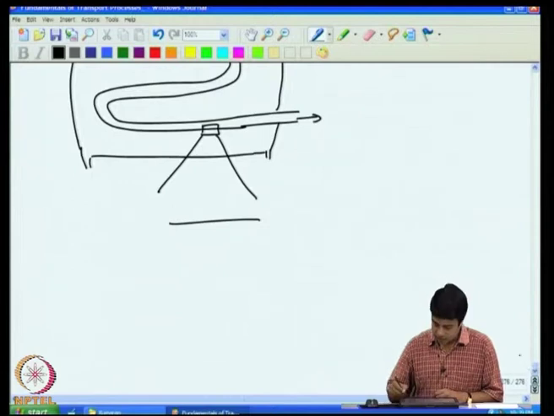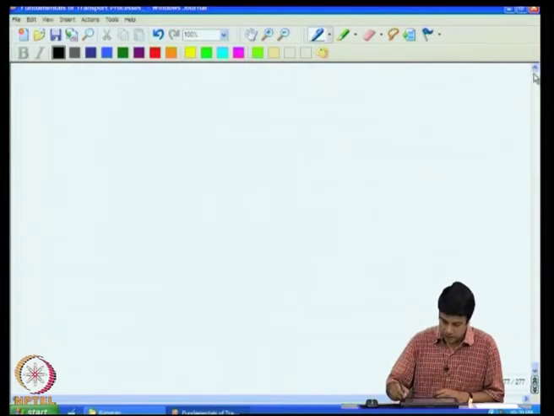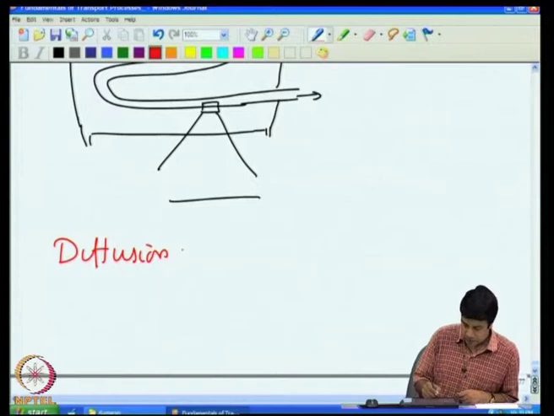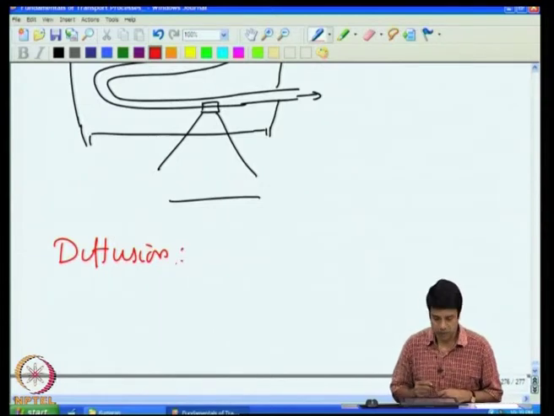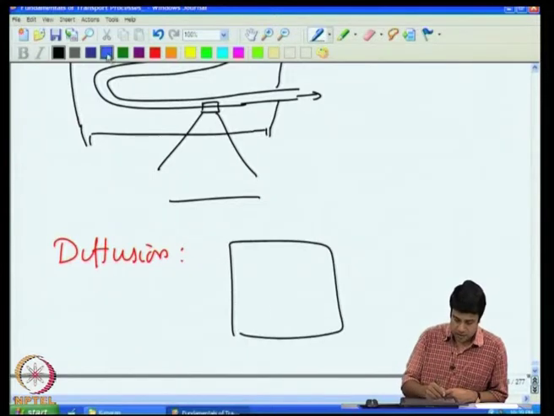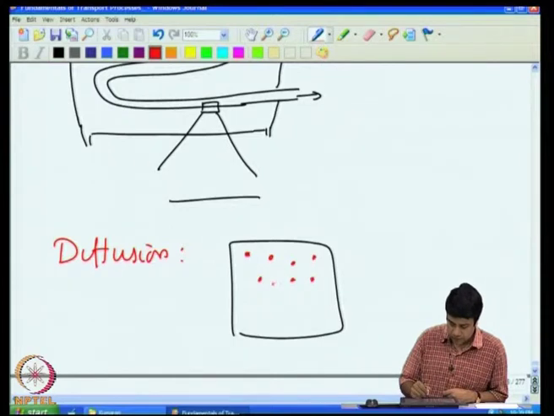So, convection is transport along the direction of the fluid velocity. Diffusion is transport due to the fluctuating motion of the molecules. So, if I had a container in which I initially had molecules of one type and molecules of another type, and each of these types of molecules are in a state of fluctuating motion.